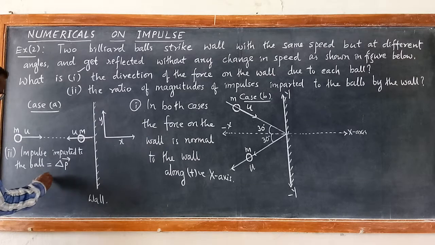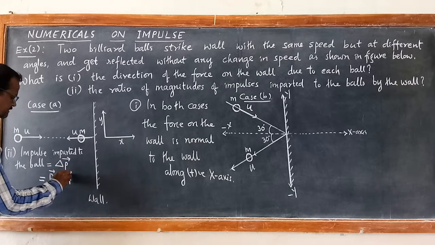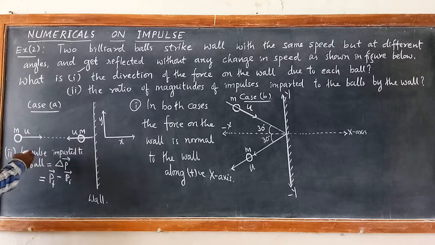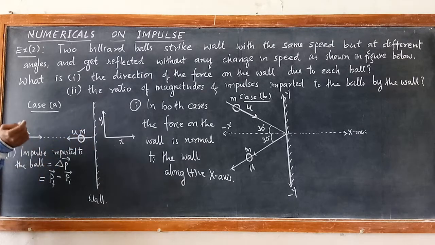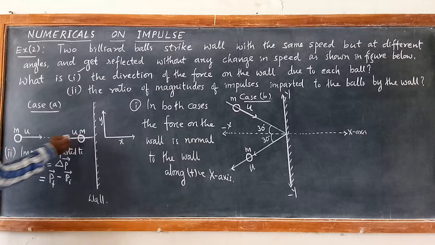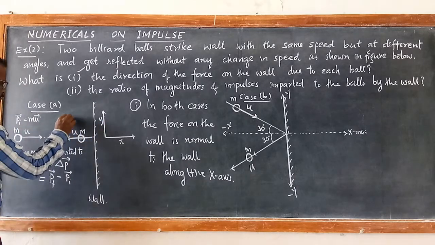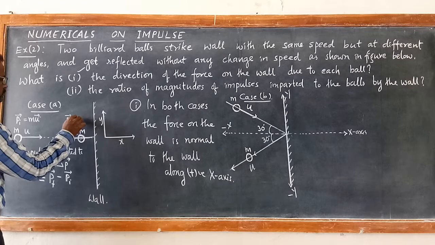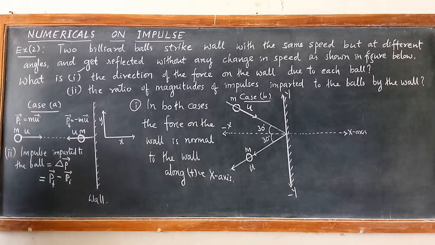That is calculated as Pf vector minus Pi vector. After reflection, this mu becomes the Pf vector. Before hitting the ball, the initial momentum Pi is equal to mu. It is along the positive x-axis. Final momentum Pf is equal to minus mu. It is along the negative x-axis.